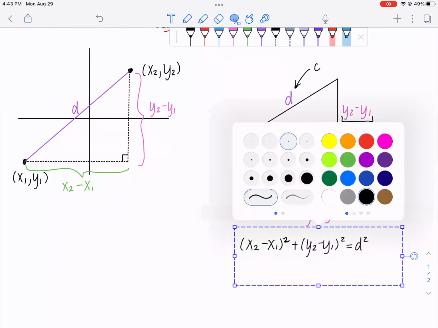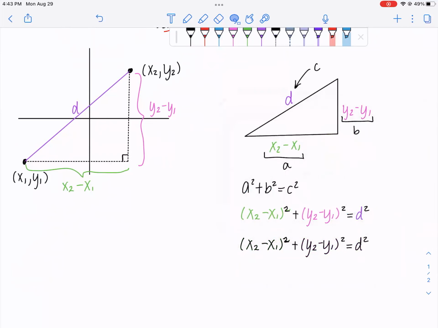I wonder if I can change it all to black. There we go. I'm going to take a square root over here, a square root here. Again, the square root of d squared, we're just going to call that d, and that will be what we were trying to solve for.